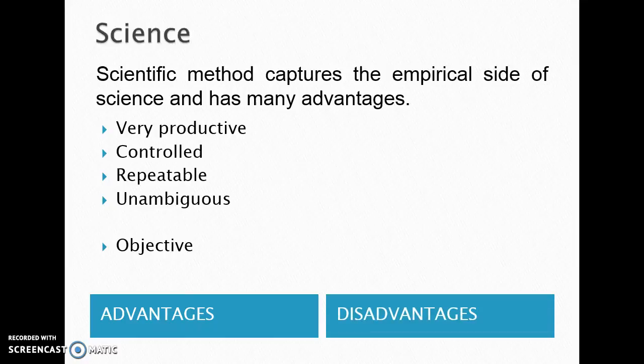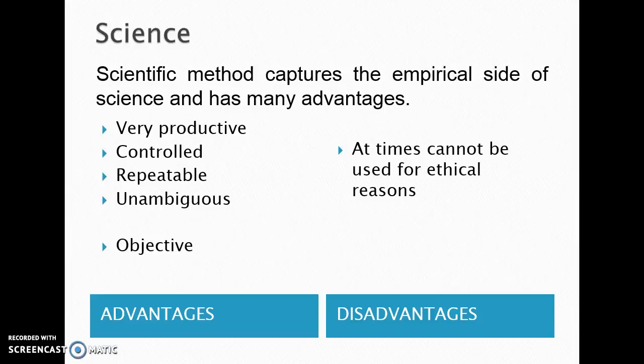The disadvantages, on the other hand, is that at times it cannot be used for ethical reasons. So if you go back to the baby example, you would know that it is unethical to take a baby and decide that I'm going to increase the temperature of the room to an extremely unbearable temperature to see if the baby learns better in a cold or warm environment. That is just unethical to do.